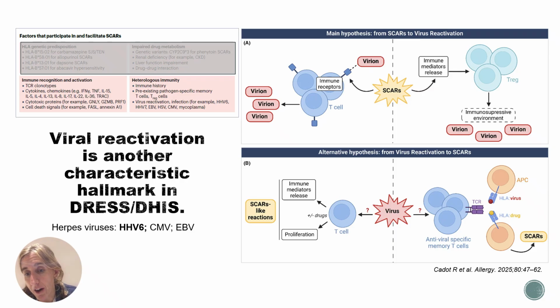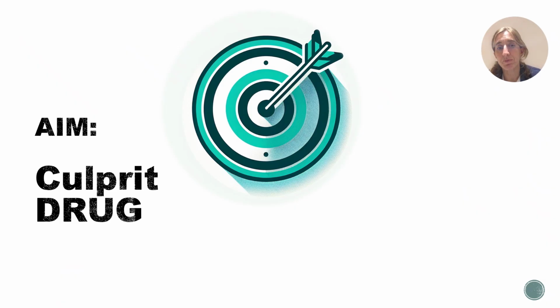It's like a drug similar to an HLA virus, right? This is the right panel. And here we have a lot of question marks because these are more theoretical mechanisms that could be happening, and they are not fully demonstrated. But yes, viral infections are important in the whole process, and maybe in the whole pathogenesis of SCARs and stress.